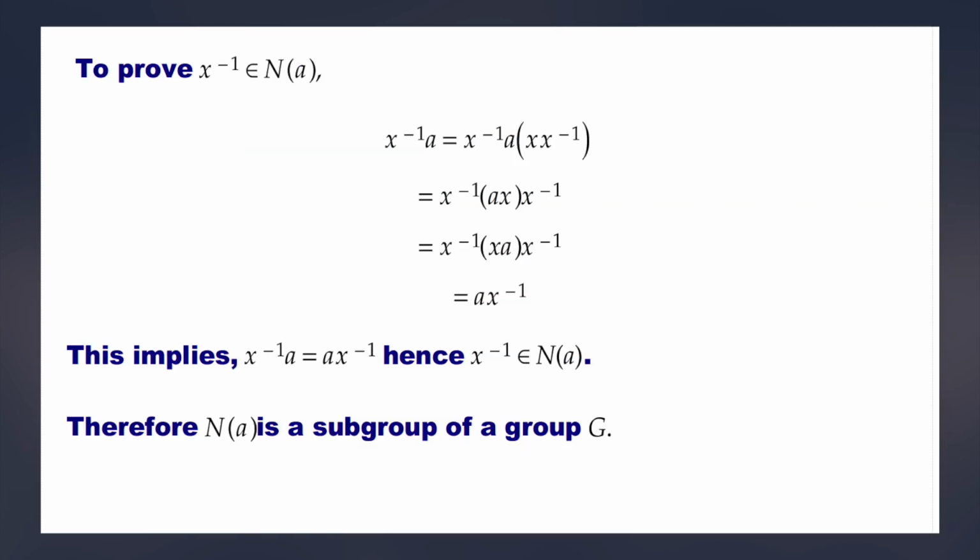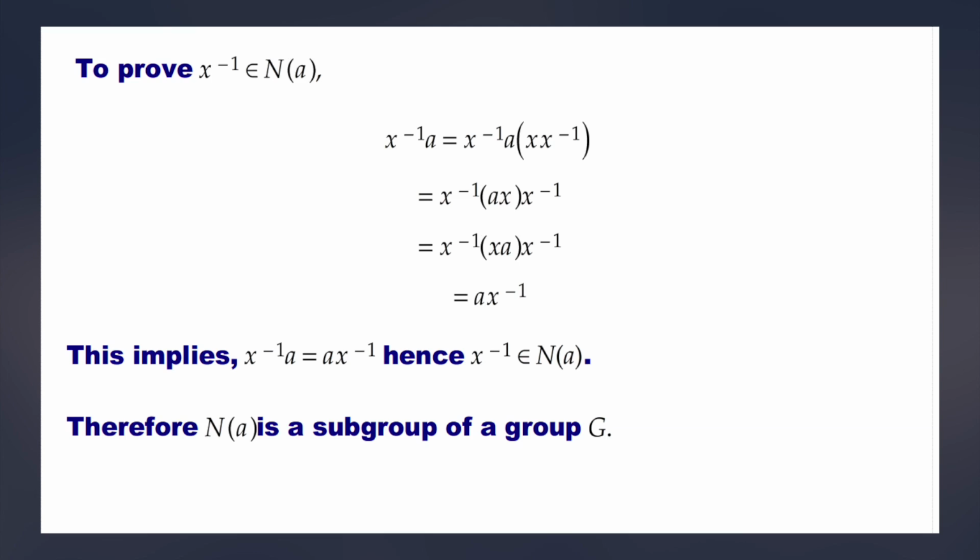Next we prove x inverse is in N(a). x inverse a is equal to x inverse a x x inverse, where we insert x x inverse equal to 1, so it won't change anything. So x inverse (ax) x inverse, by the associative law, is x inverse (xa) x inverse.